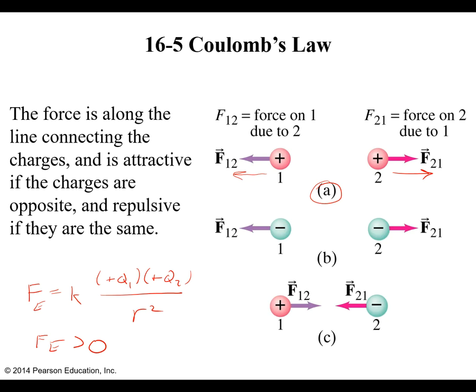And so when we get the magnitude of the force, we know how strong the force is, but we, through our intuition, have to say, oh, this is moving to the right, therefore it is a positive force. Whereas this charge here on F12 is going to be a negative force.